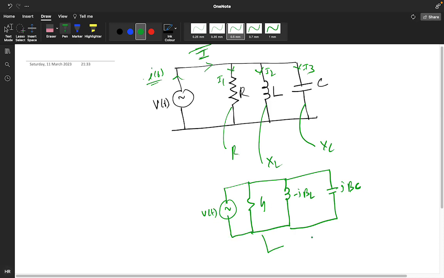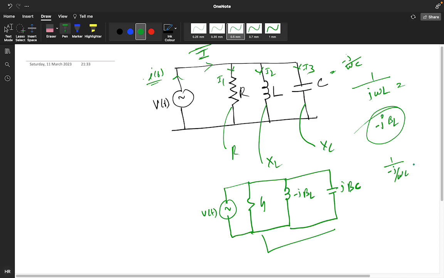So in the form of admittance I have written, because the minus came: J omega L is your impedance, and 1 by J omega L will give you the result of BL. So 1 by J means minus J, and 1 by omega L means BL. So that's why minus came. And for C we have minus J by omega C. So 1 divided by minus J upon omega C. This minus will go upside, so it will become J, and omega C will also go upside, and the omega C value is J BC.